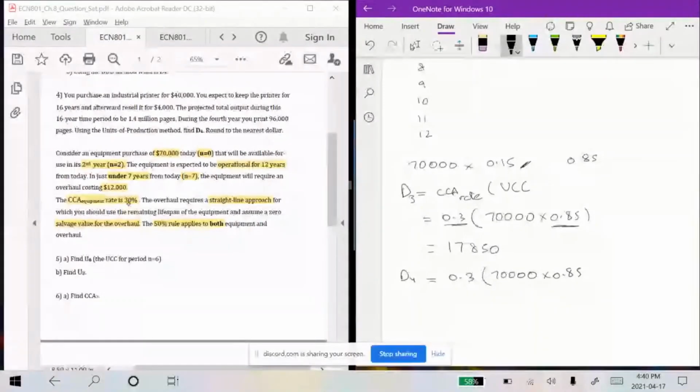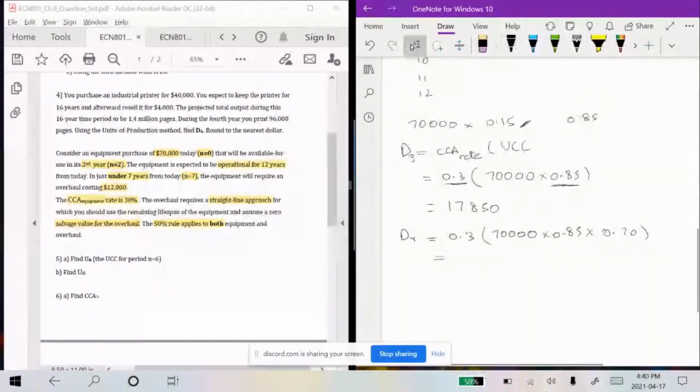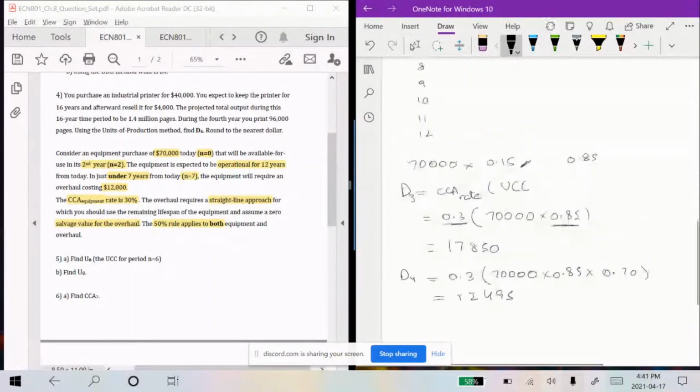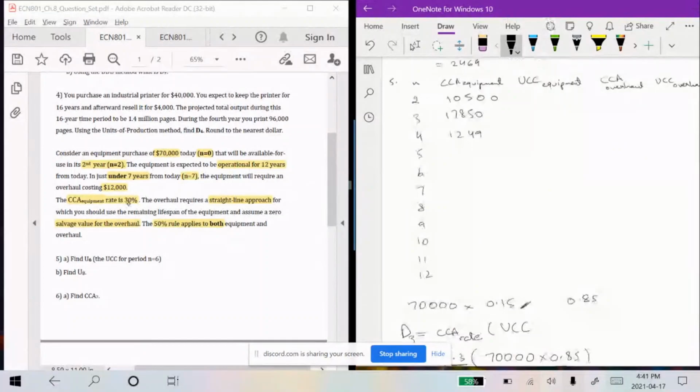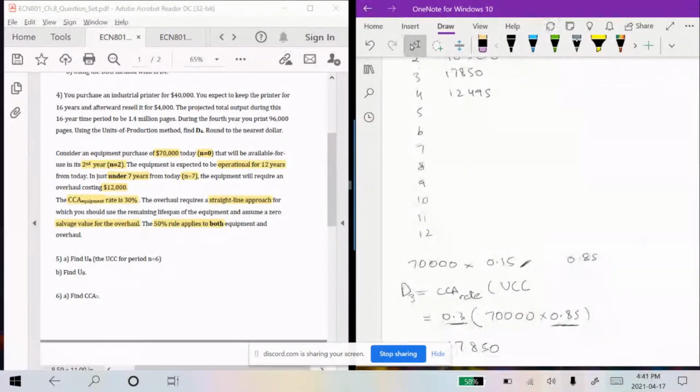Since it got depreciated by 30%, what's left is 70%, so we take 0.70. You guys can stop me if you have any doubts. 0.85 into 0.7, so you get 12,495. Okay, this is pretty tedious, but then you just keep doing it.